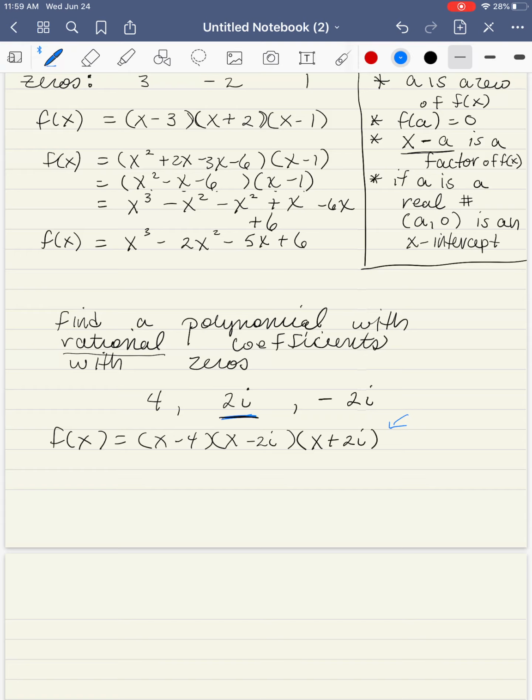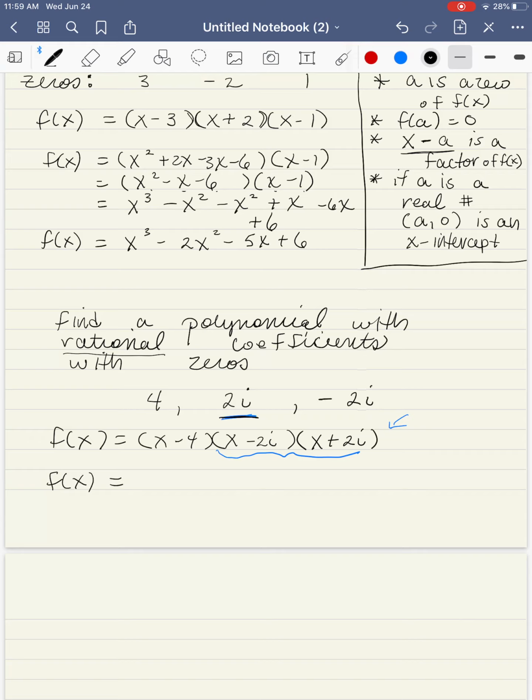So if I were just listing the factors, I would be done. I would be finished here. That's my polynomial.